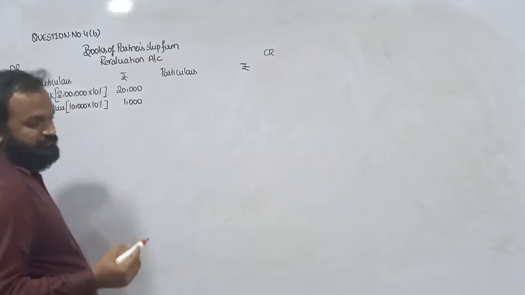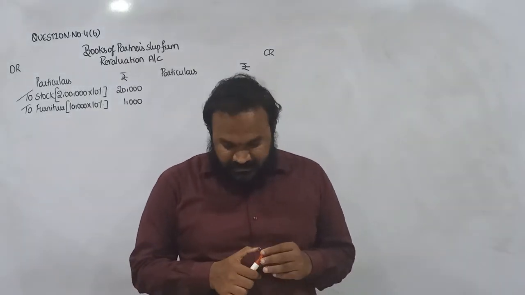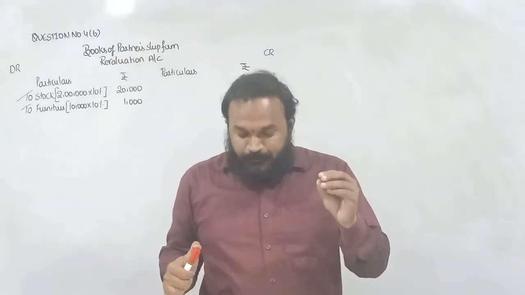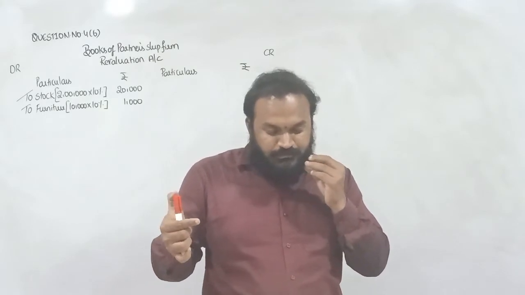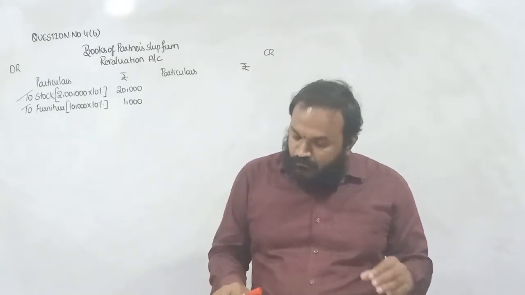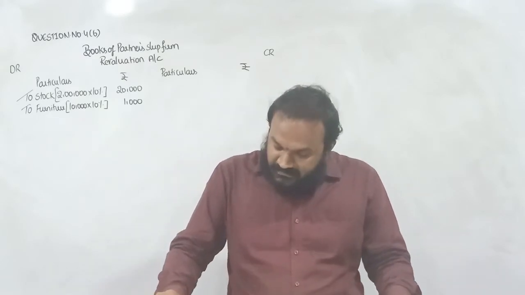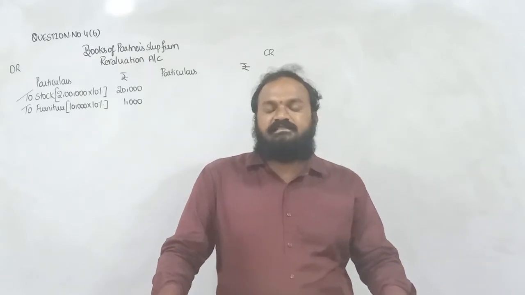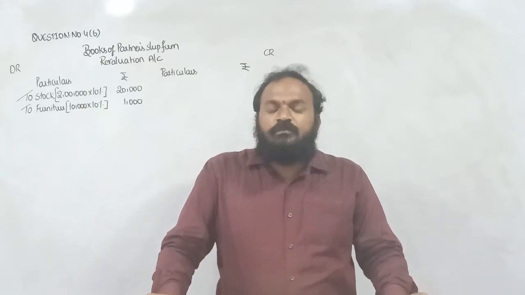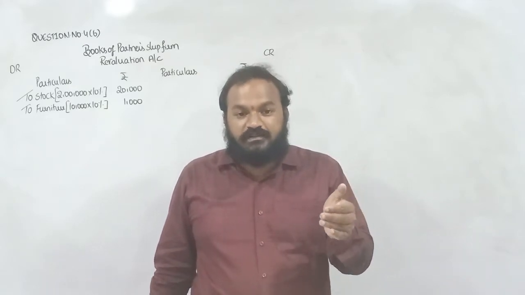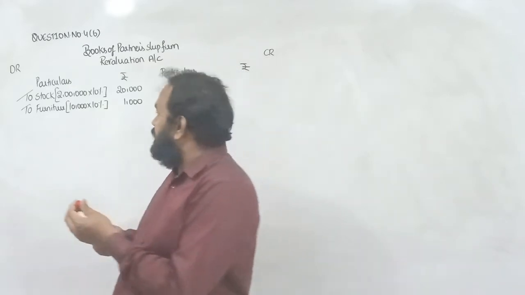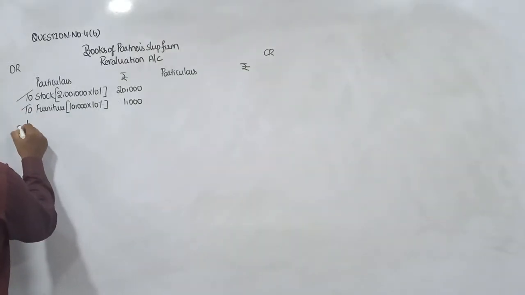It's 1,000. Next, a provision for bad and doubtful debts is to be created on debtors. What is the book value of the debtors? 1,60,000. Percentage, how much? 5%. It's 8,000. What is the journal entry? Revaluation account debit to provision for bad and doubtful debts.